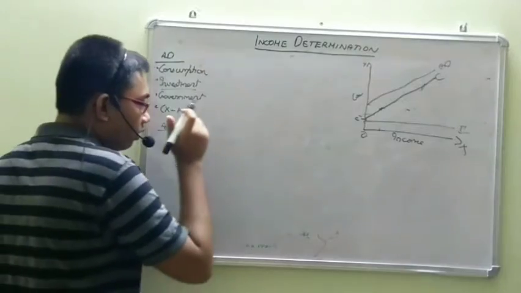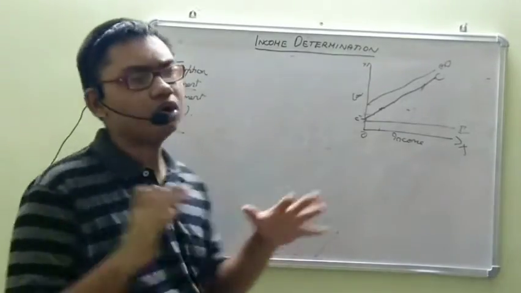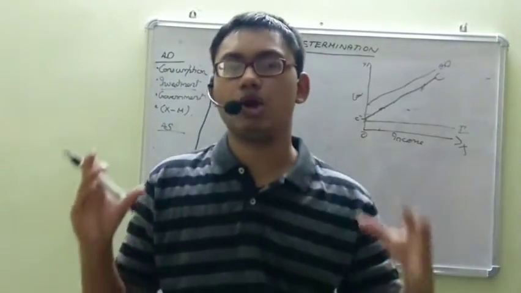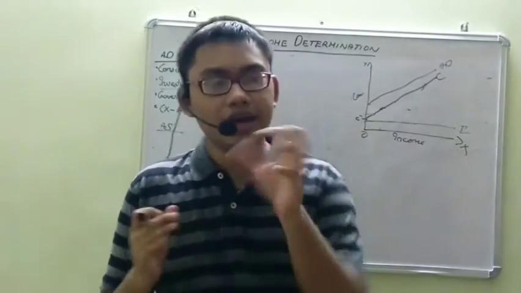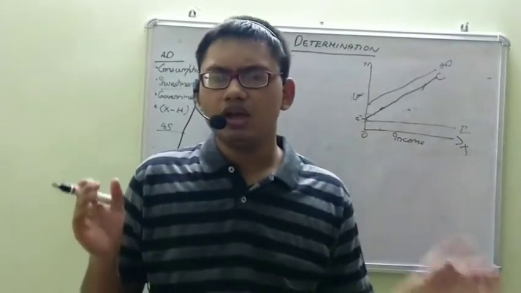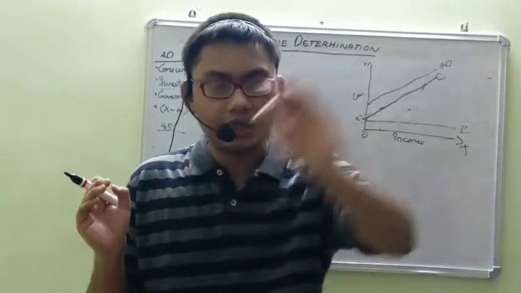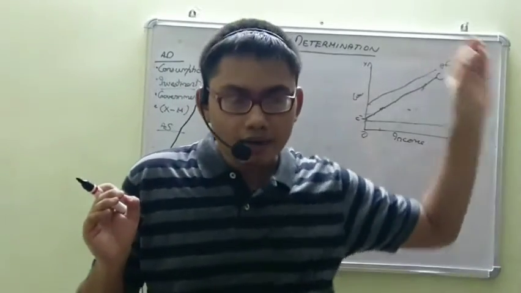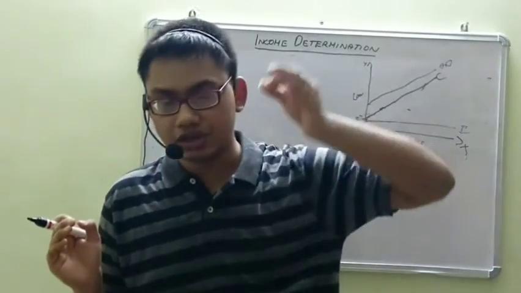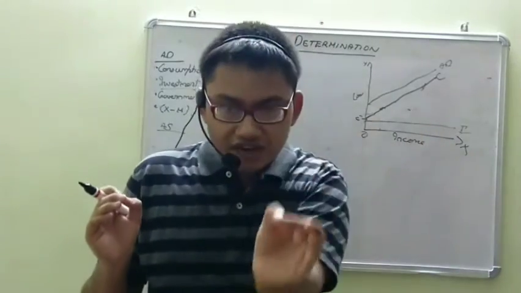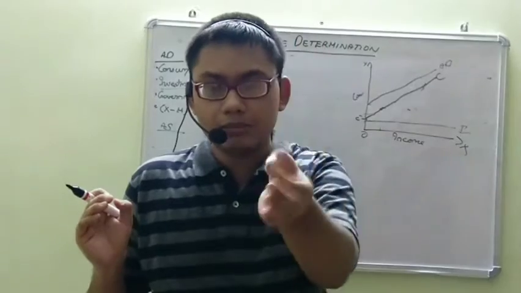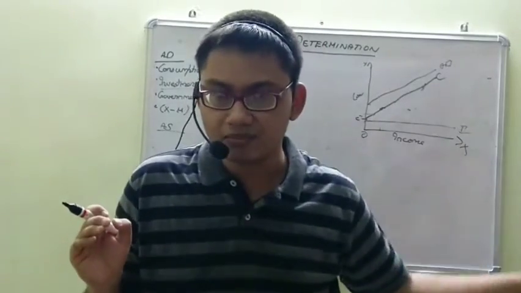So there is a relation between the amount of supply or production and national income. Only due to production is income generated, and only due to income does expenditure take place. So definitely production will be equal to income, right?